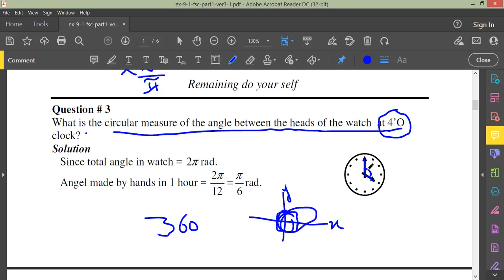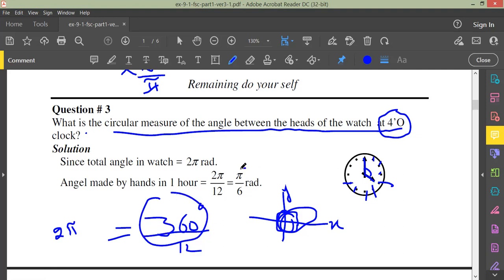Now we want to calculate this angle. So we will convert 360 degree into radian, which will be equal to 2 pi. There are total 12 parts, so we will divide this whole angle into 12 parts.